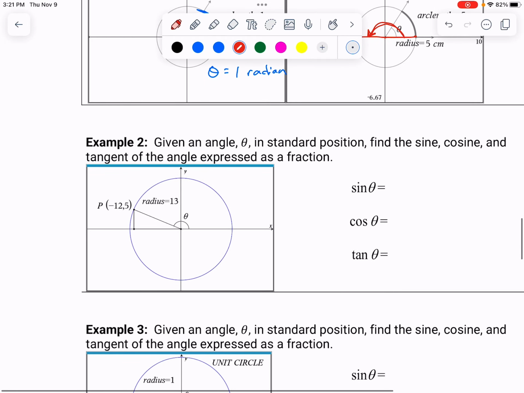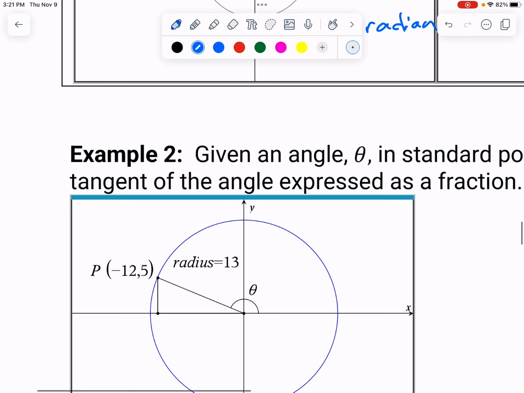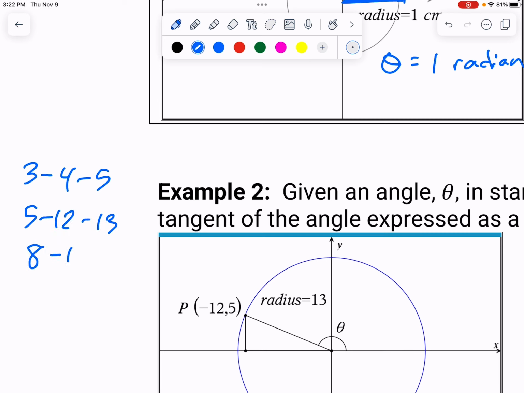Okay, so then they gave us this problem, and to be honest with you, I would have probably not given you the radius. I would expect you to know your Pythagorean triples, and just in case you missed this somewhere else, the Pythagorean triples are 3, 4, 5, 5, 12, 13, 8, 15, 17.